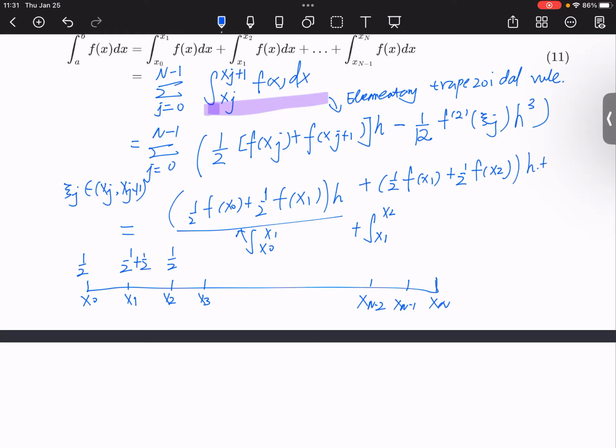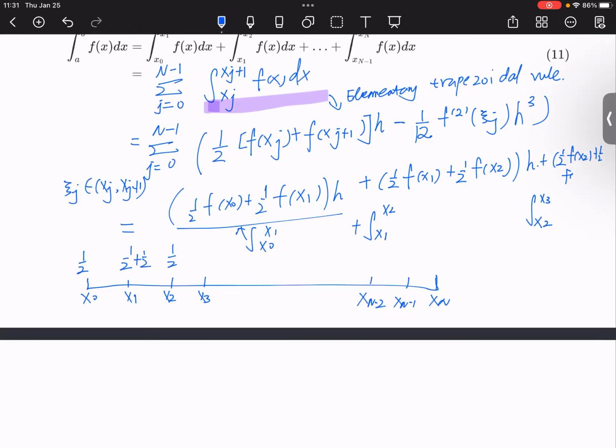Let's take a look at the third one: from x2 to x3, with the elementary trapezoidal rule, we have 1/2 f(x2) and 1/2 f(x3). You will see that I am still adding 1/2 to the point x2, and we have a new 1/2 for x3.